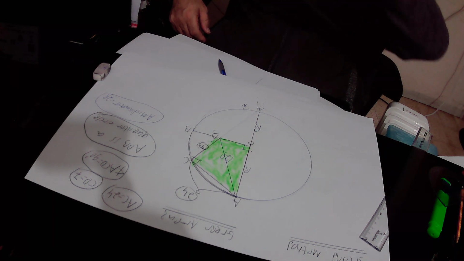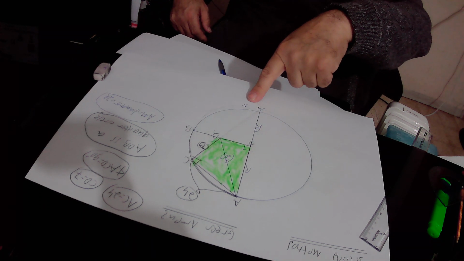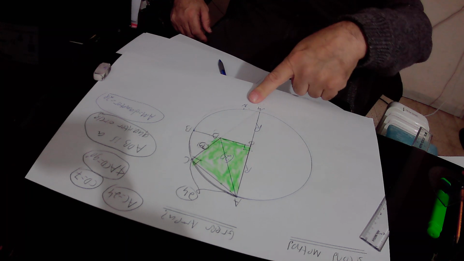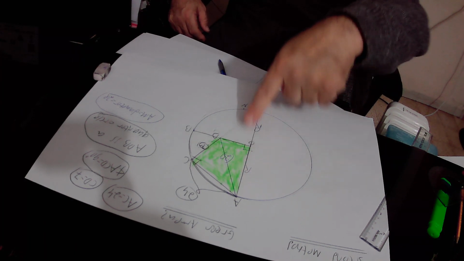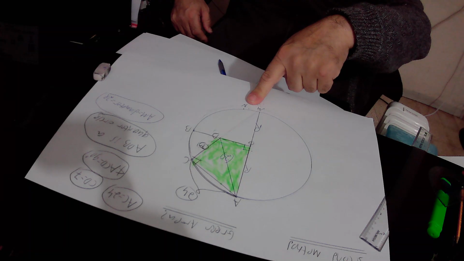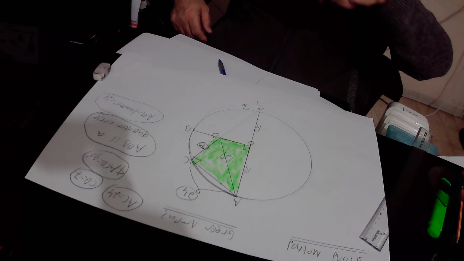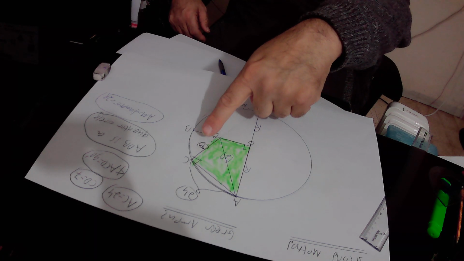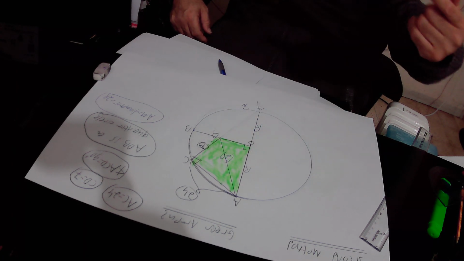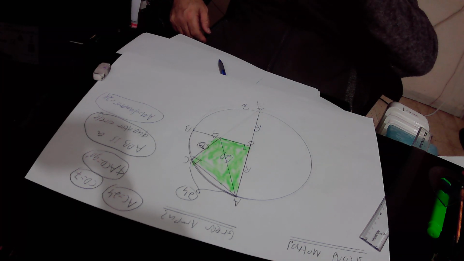But according to our assumption that the extended side CD will touch the circle at point N, peripheral angle ACN equal to 90 degrees rests on chord AN, that is not the diameter of the circle. It contradicts rule number 5, because this peripheral angle equal to 90 degrees must rest on AM and not on AN. Okay?